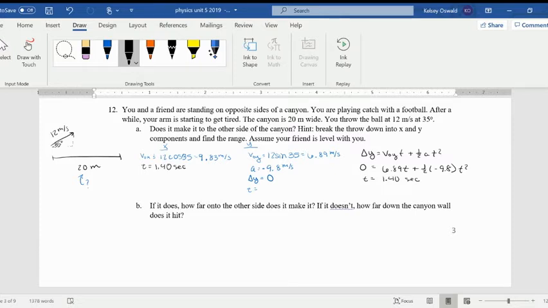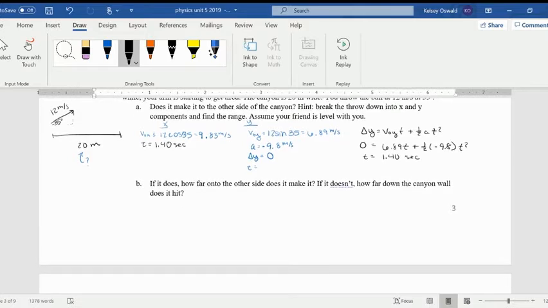So we'll look at our range equation. Delta x is equal to our initial velocity times time. So we'll do our 9.83 times 1.4, and we'll find that horizontally, our ball travels 13.76 meters.